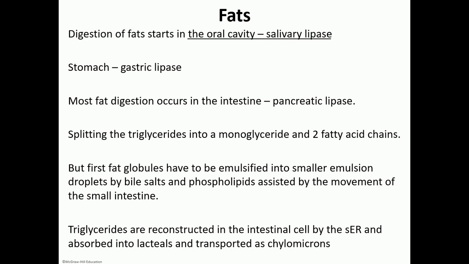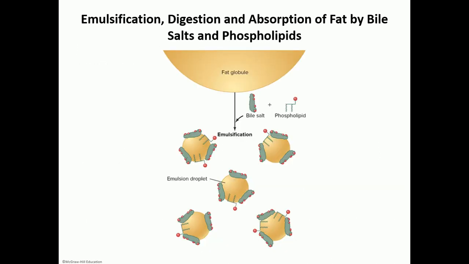Inside of the intestinal cell, it will reconstruct it by the smooth ER back into a triglyceride, and then it's transported in our bloodstream as a triglyceride. So this is the whole process.